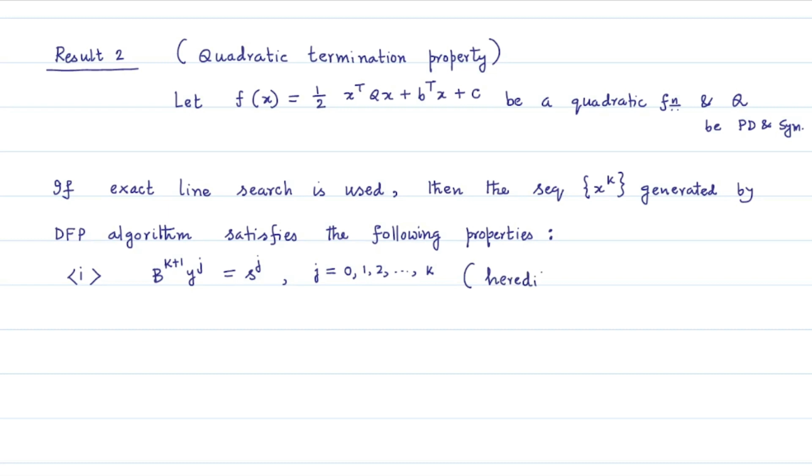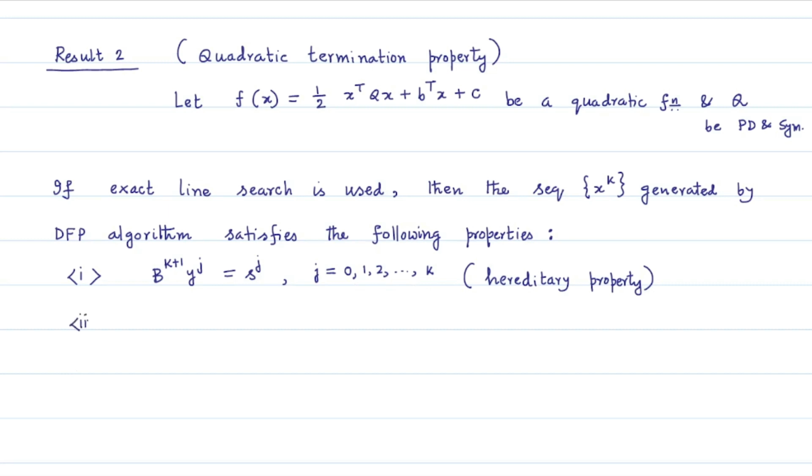This property is referred to as the hereditary property because if y_k and s_k satisfy this equation, then all the earlier iterates y_{k-1}, s_{k-1}, or y_{k-2}, s_{k-2}, or at the end y_0 and s_0 satisfy this equation. Thus, this equation satisfied for j equal to 0, 1, 2 till k is referred to as the hereditary property of B_{k+1}, as if B_{k+1} satisfies all the equations that are satisfied by its parents and forefathers.